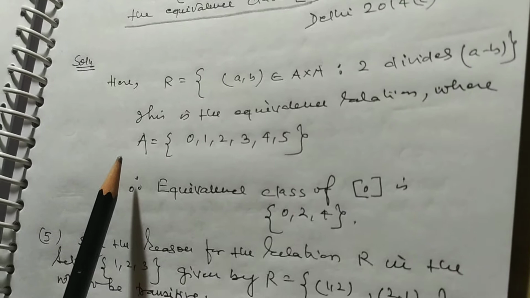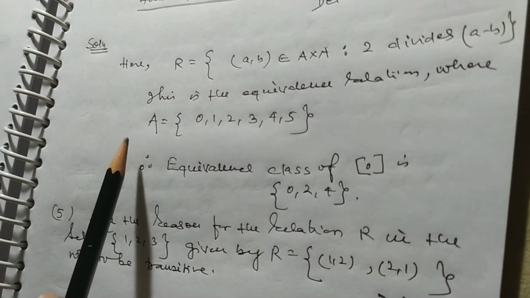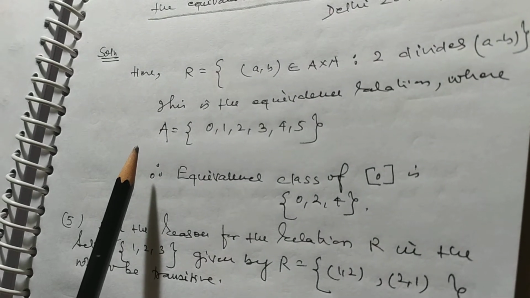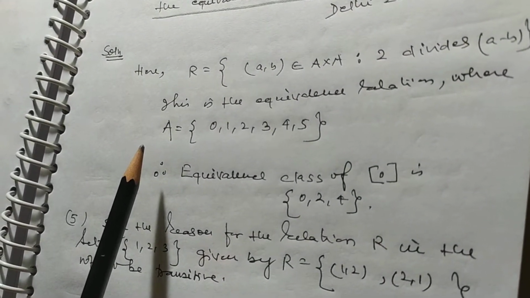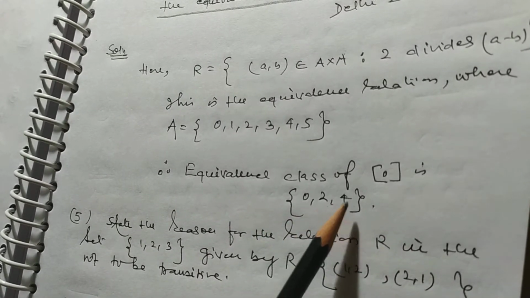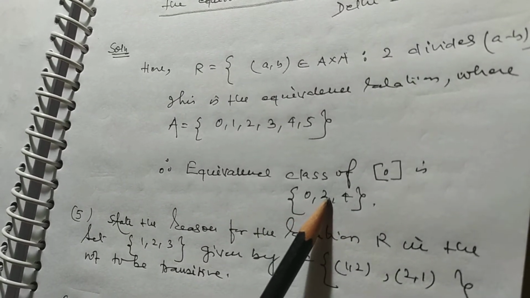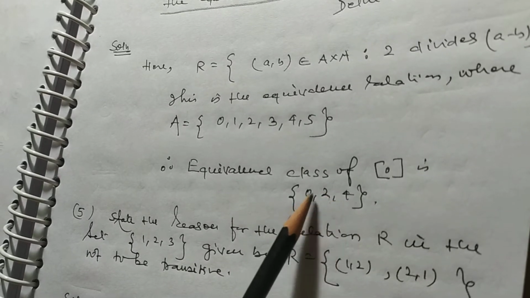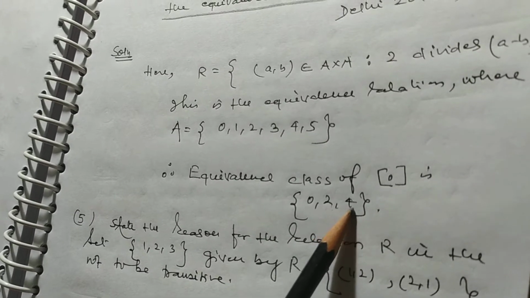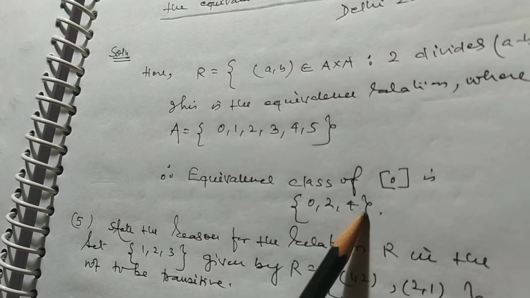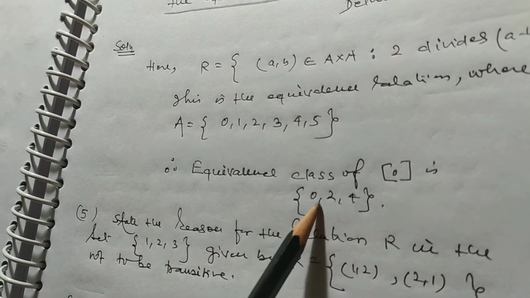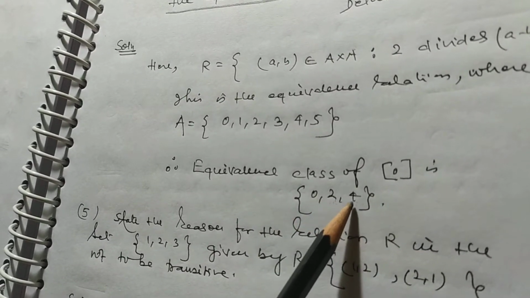The elements in this set will be 0, 2, 4, because 0 minus 2 is divisible by 2, 0 minus 4 is divisible by 2, 2 minus 4 is divisible by 2. So, the equivalence class of 0 is {0, 2, 4}.